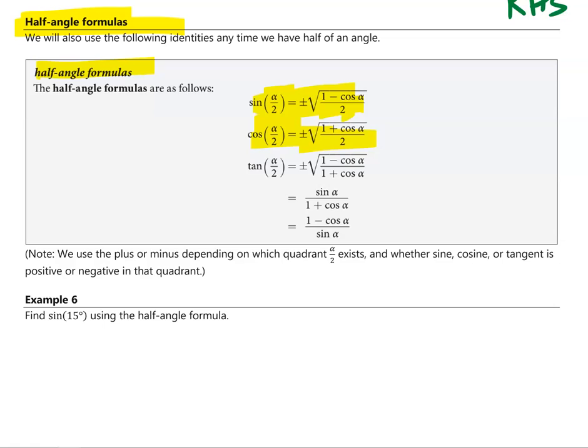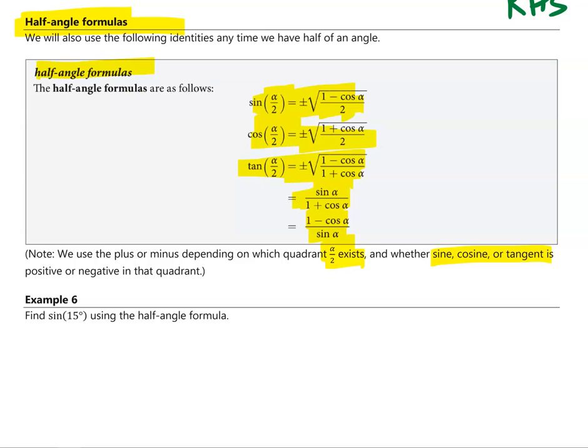Next, cosine alpha over 2 is plus or minus the square root of 1 plus cosine alpha over 2. And the tangent, these are all equivalent to that. So note that we use the plus or minus depending on which quadrant alpha over 2 exists, and whether sine, cosine, tangent is positive or negative in that quadrant.